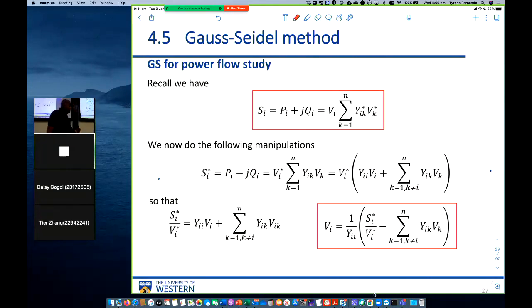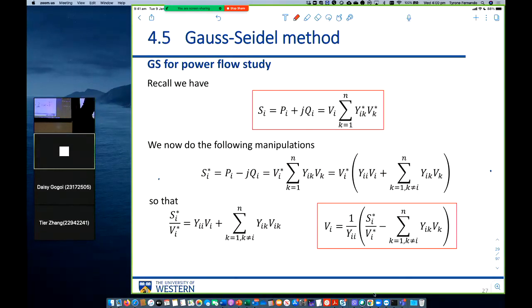In the summation there are n terms. I separate out the term when k is equal to I, so in the new summation I have all the terms except one term, right?